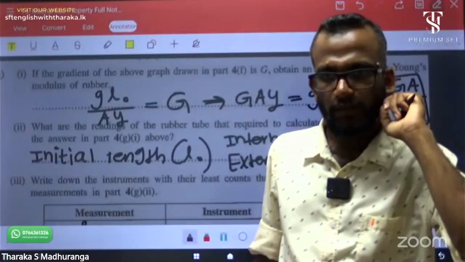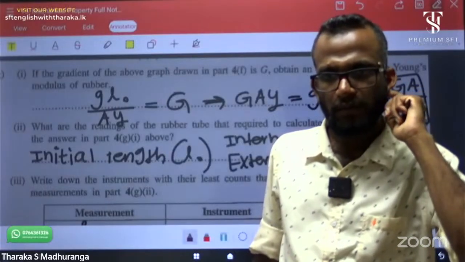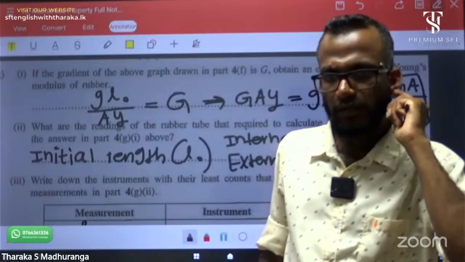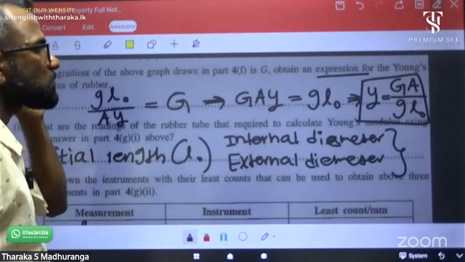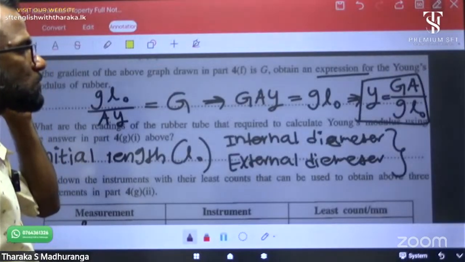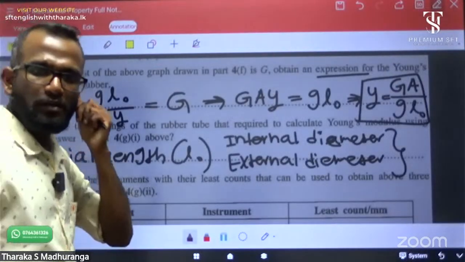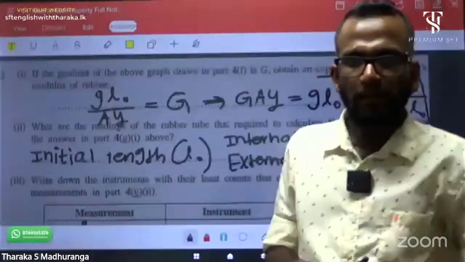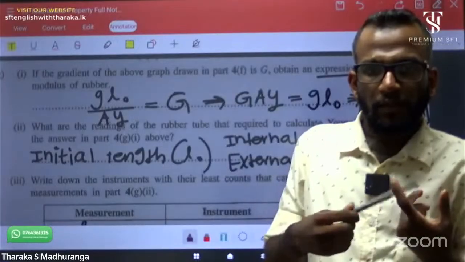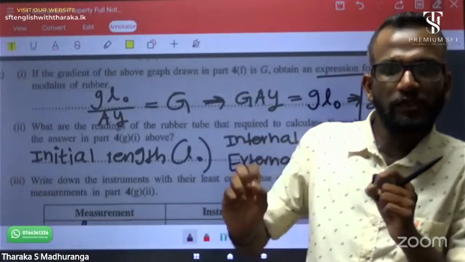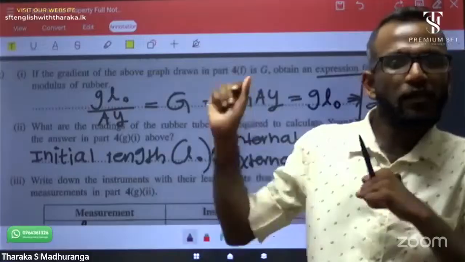I find Young's modulus using the gradient value given. Intercept we don't know.